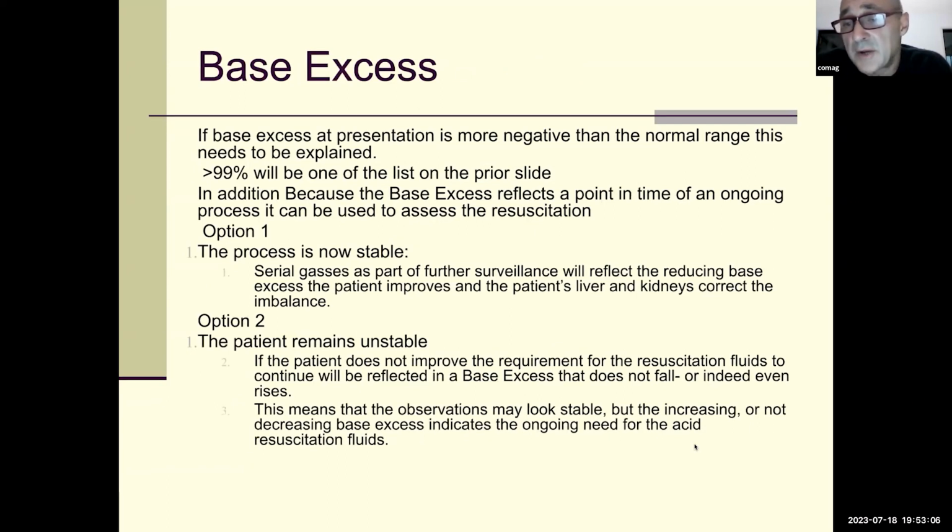Which means you now have a system as well, not only looking at your patient's observations, and we'll do this when we come to our target patient that we're going to walk through this whole process with you at the end, but also you have base excess via point of care testing to help you as well.